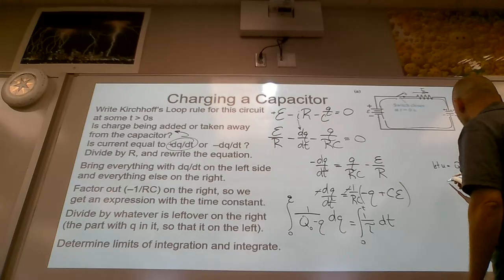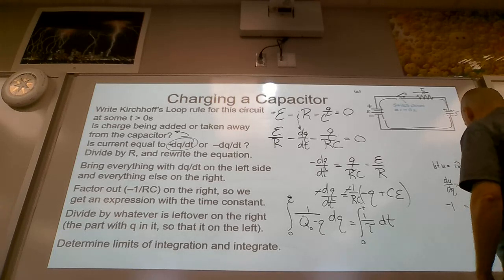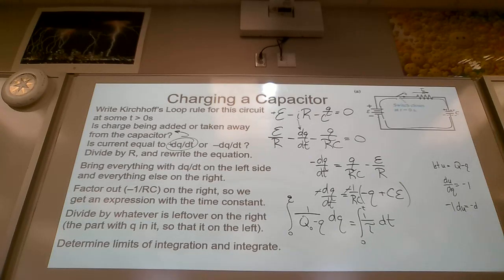So dq is -1. Yes, good call. All right, and then t over tau. Yes. On that side.